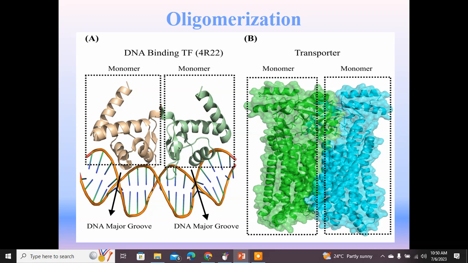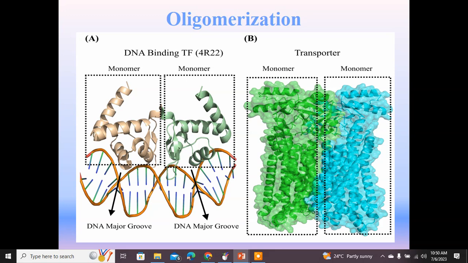In that way, the protein needs two copies to bind both sequences located on different strands of the DNA. So in this case, we will say that the protein is a dimer.